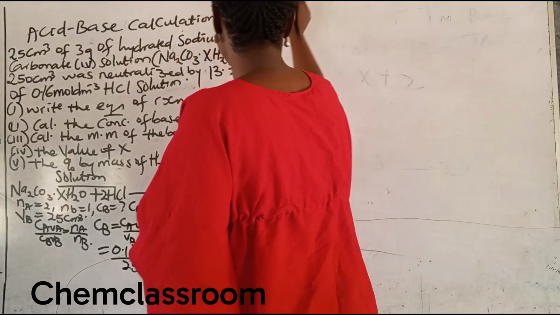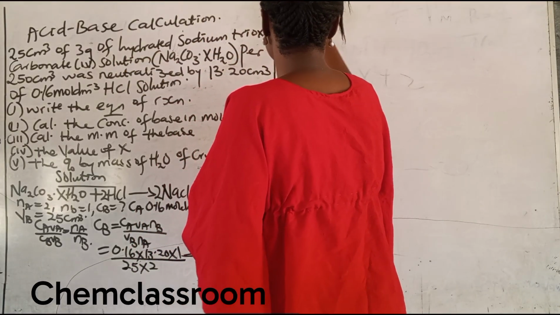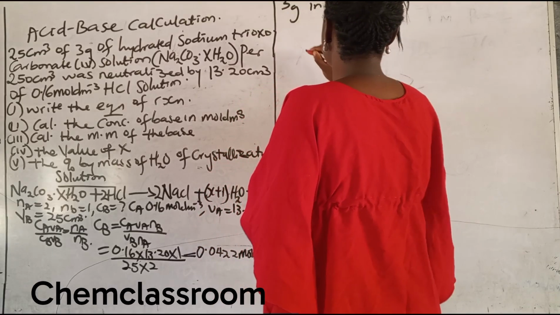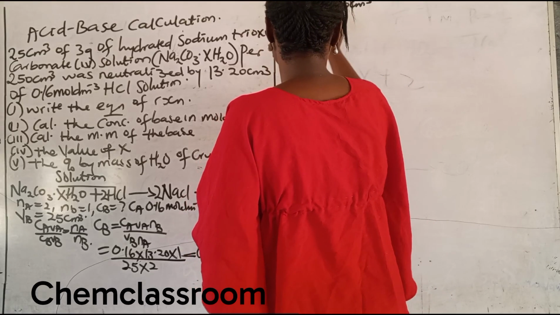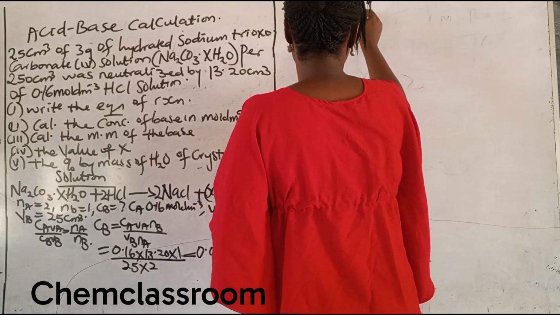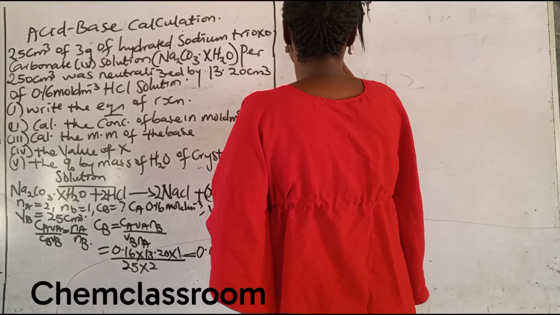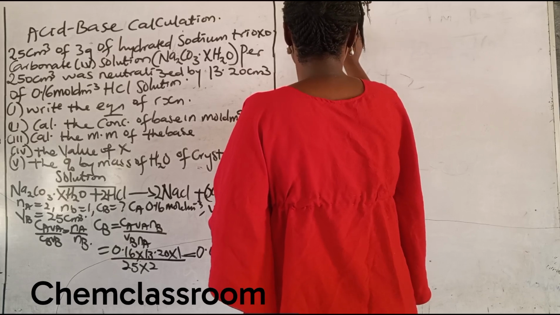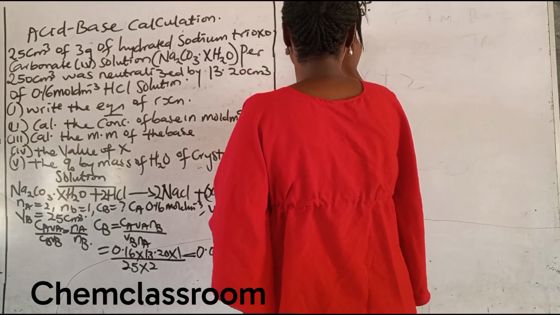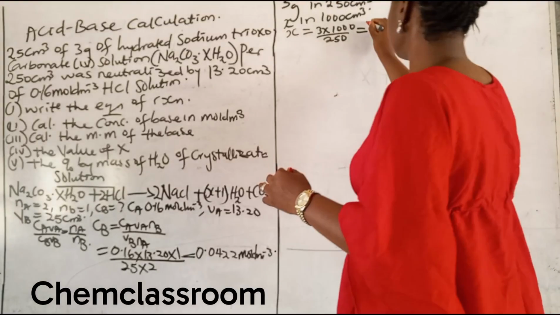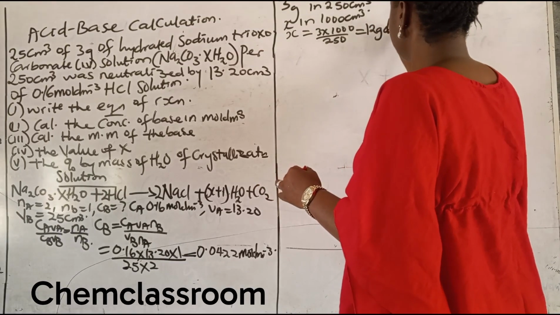We're given 3 grams in 250 cm cube. So I can now say X in 1000 cm cube. I have to convert to grams per dm cube. So X equals 3 times 1000 divided by 250, which gives me 12 grams per dm cube. Yes, 12 grams per dm cube.